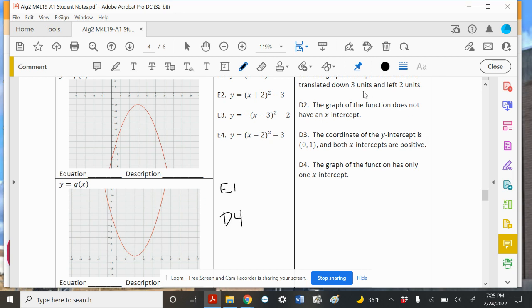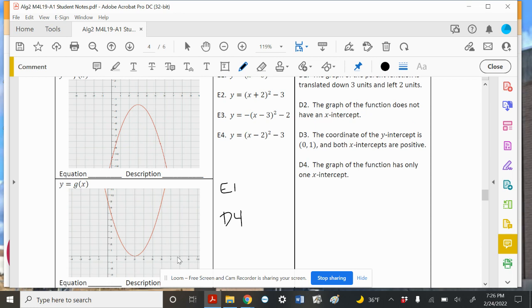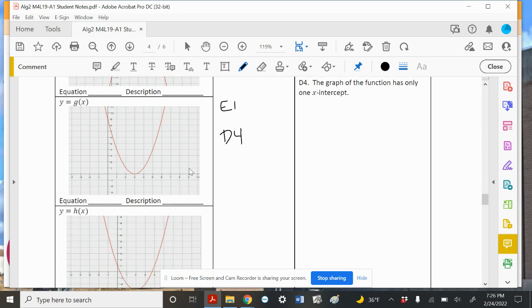Is it translated down 3 and left 2? No. Are both x-intercepts positive? This says we have more than one x-intercept, so that's not true either. Okay, we're going to worry about the one at the top in a minute.